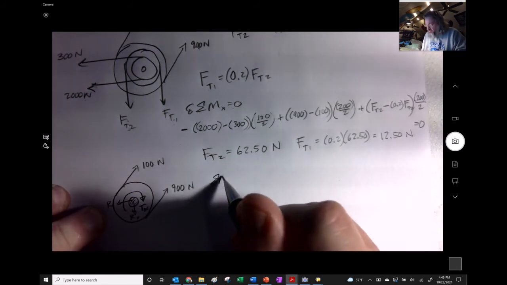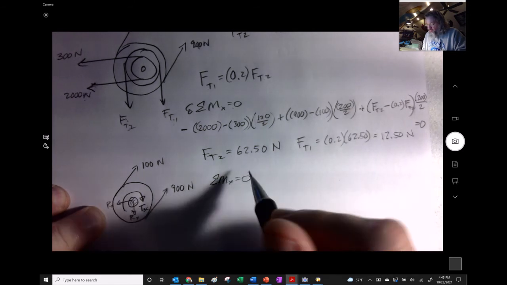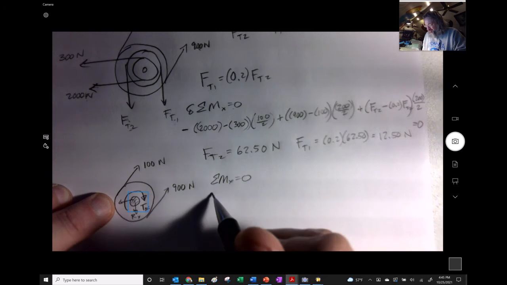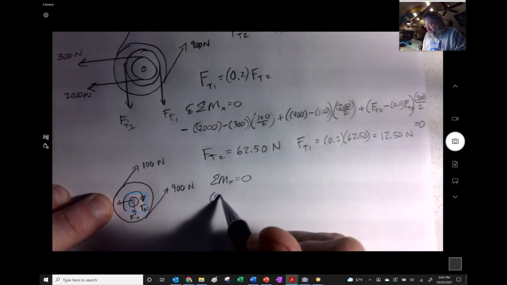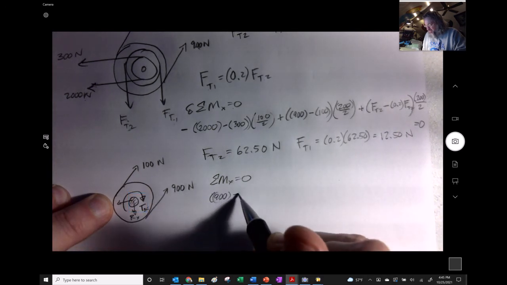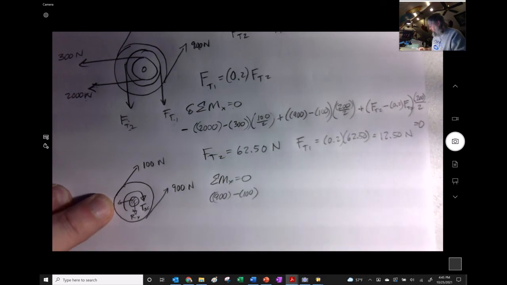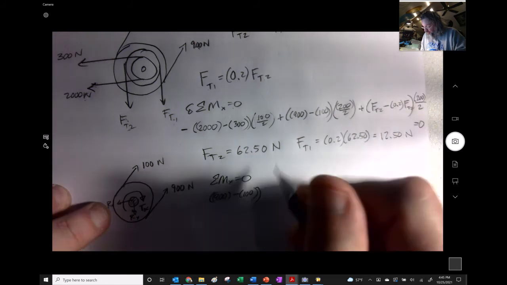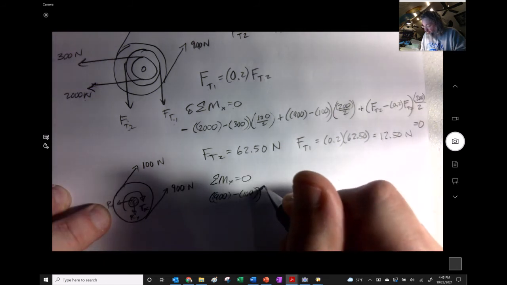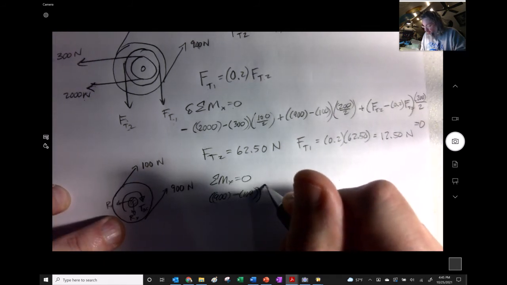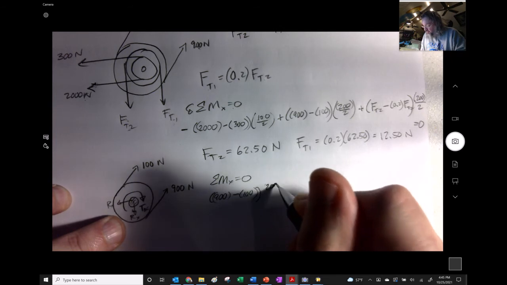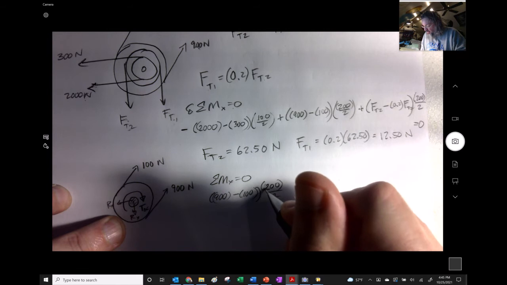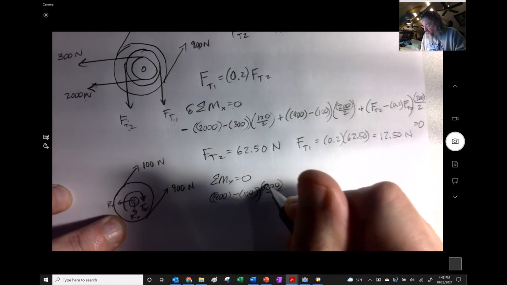Summation of moments about the X, and what we're going to end up finding is, once again, I'm going to cheat and say 900 minus 100, and the radius of this thing is what we're really going to care about, and that's 200 divided by 2. Maybe I want to make it 0.2 because I want things in Newton meters.